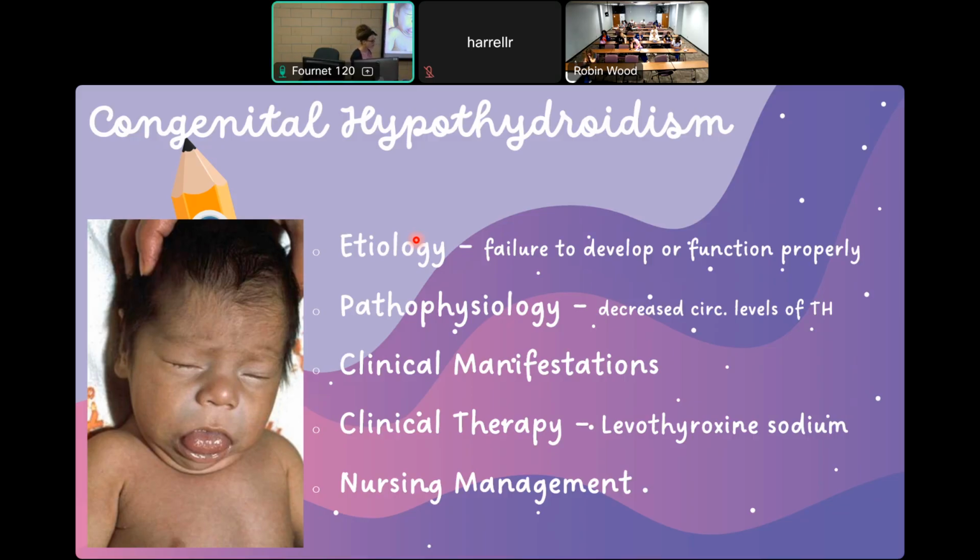Might need a bowel elimination program if we're dealing with some serious constipation. So assessment there is crucial. Weighing them, daily weights, and then regular weights to make sure the medication is working and they're able to start growing and gaining weight.